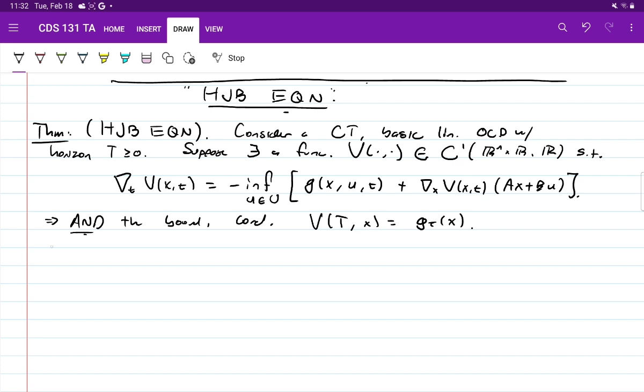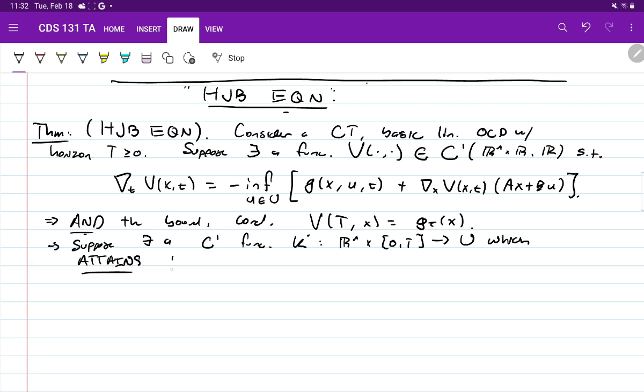What does this actually give us? Well, suppose there exists a continuously differentiable function, which I'll call k star, that goes from Rn crossed with 0 comma t into U, which actually attains the infimum above for all pairs of x and t.